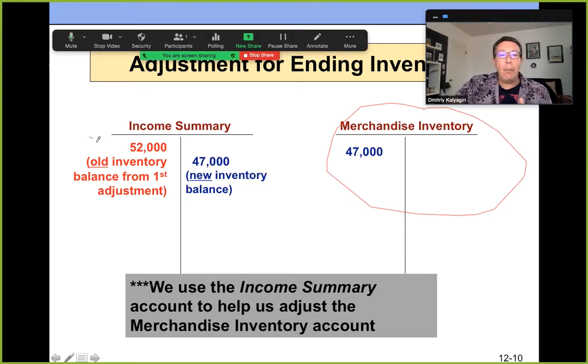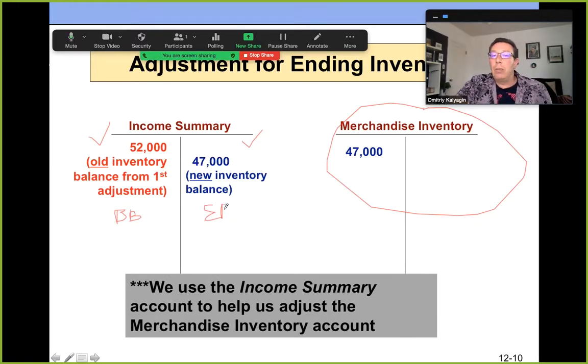We will keep both amounts in the income summary. The debit balance represents the old inventory and the credit balance represents the new inventory. And as I said, in chapter 13, we will need both of those amounts. So this is the beginning balance of inventory, debit side, and this is the ending balance.